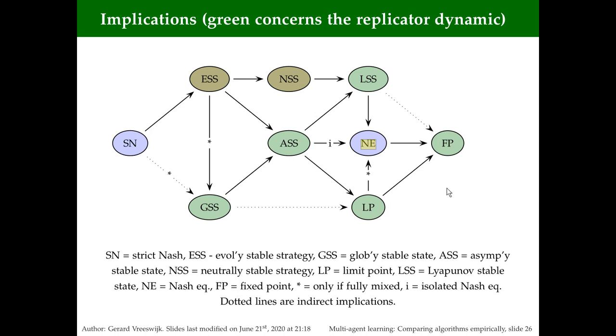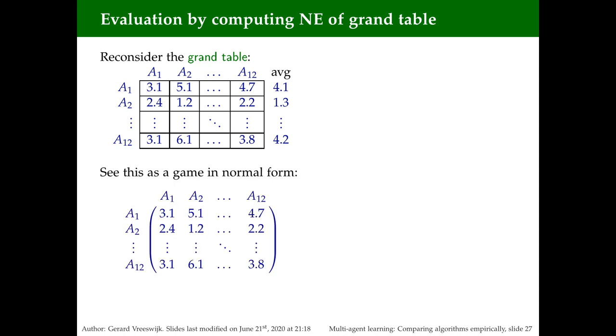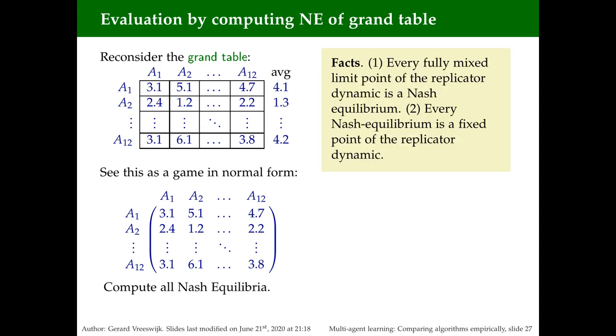Okay, we arrive at one of the last slides. The replicated dynamic and the Nash equilibrium have some relation. So let's reconsider the grand table, and you can look at the grand table as a game in normal form, and you can compute a Nash equilibrium of that game in normal form.